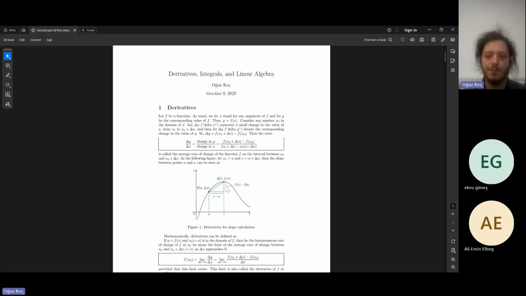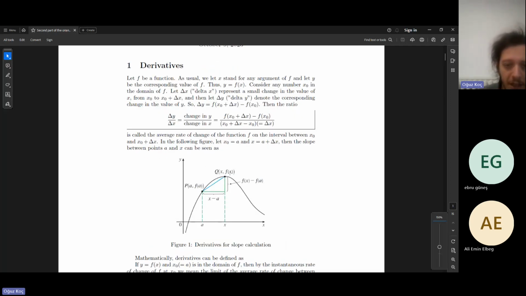Here is the corresponding image in the f function, and when we put the x value into f, it gives us f of x, and we have the corresponding x-axis value, and we call the point here Q, and also we have another point in the image.